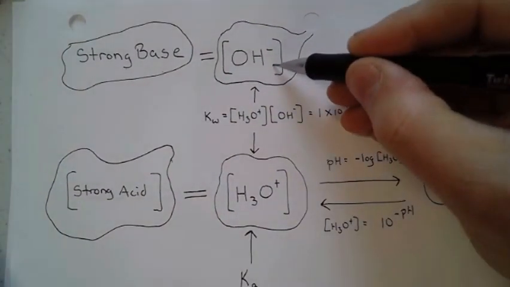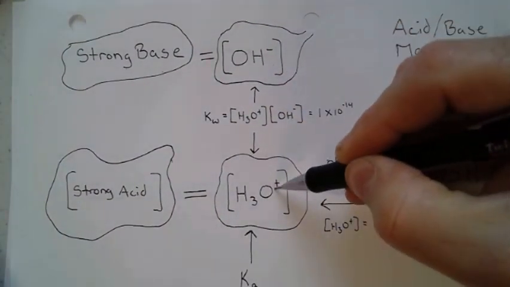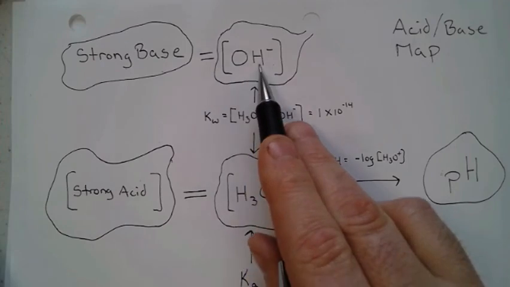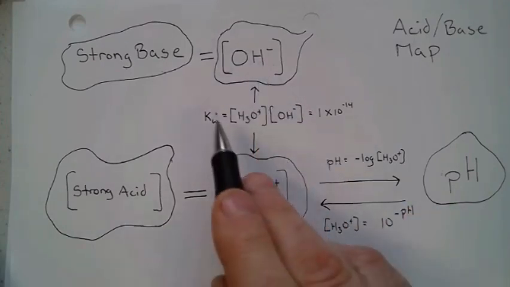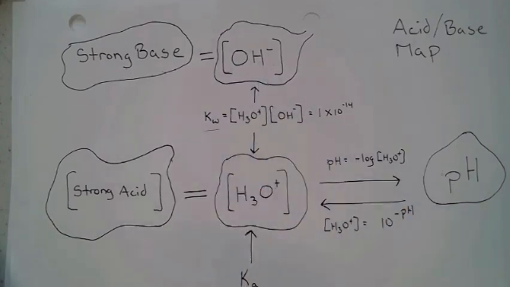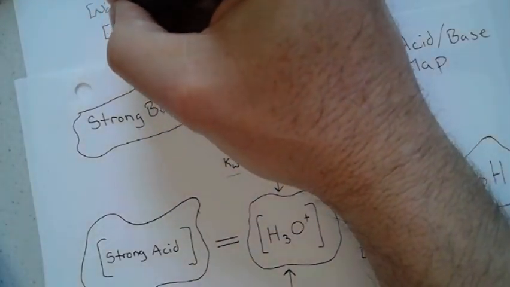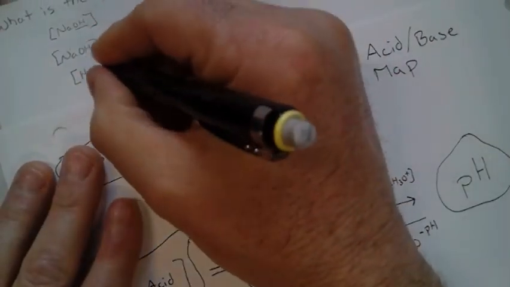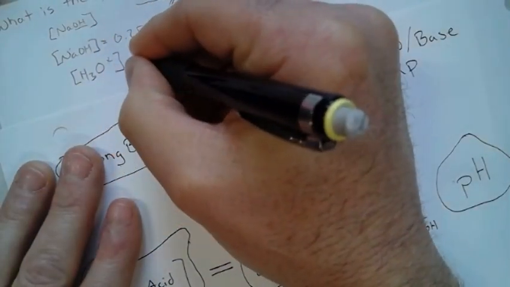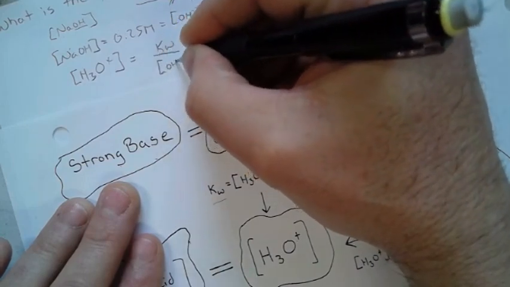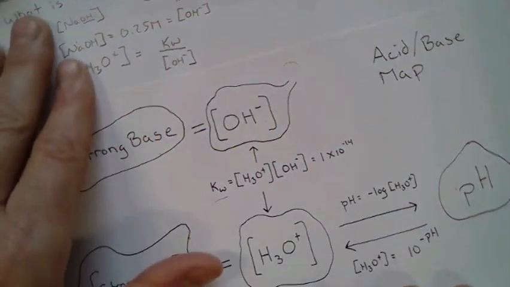Now I want to get to hydronium, that way I can use the log to find pH. So to get from hydroxide to hydronium, I'm going to use the Kw equation right here and know that hydronium is equal to Kw over the concentration of hydroxide, okay?